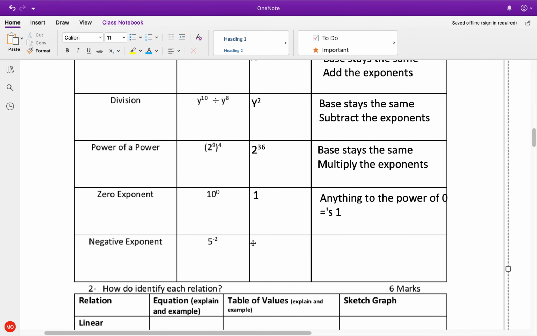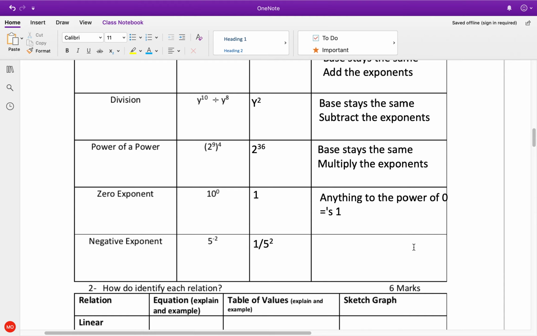Then lastly, the answer for this one is 1 over 5 to the power of 2. And for that, if it's negative, you flip it and make positive.